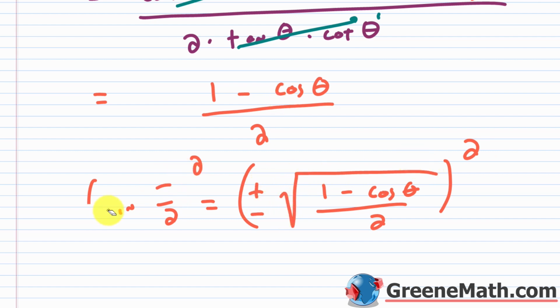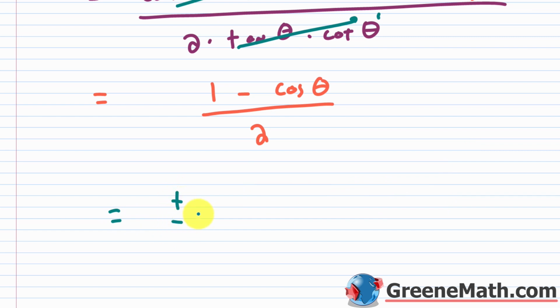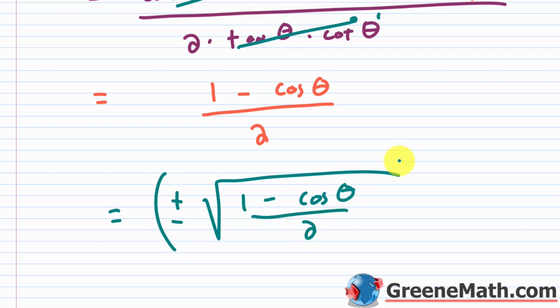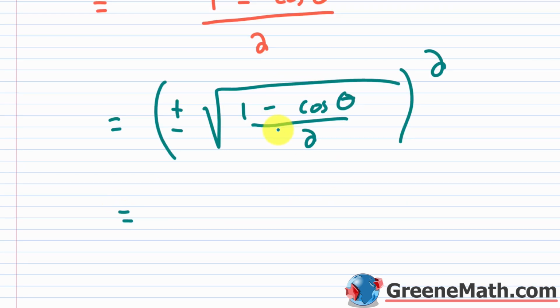So all I really need to do is say this is plus or minus the square root of 1 minus the cosine of theta over 2, and then I'm just going to square this to undo that. So I'm right back to that. So once I do this step here, I can replace this with my sine of theta over 2. Again, being squared, you could do it like this, but the original notation was like this. I know a lot of people get confused by that, so I'm just going to say this is sine squared of theta over 2, so we're done.